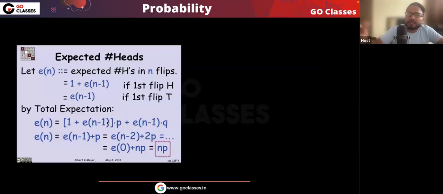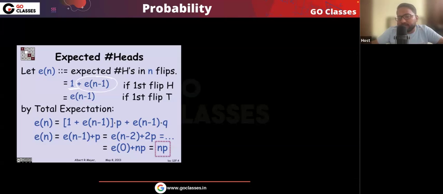So let's suppose that E_n is the expected number of heads in n flips. We can define it recursively like this: if the first flip is head, then the expected number of heads will be 1 plus E of n minus 1, because in n minus 1 flips, whatever heads I'm getting, and then 1 plus that, right? Is this okay to everyone?